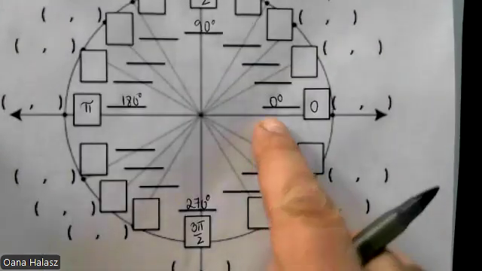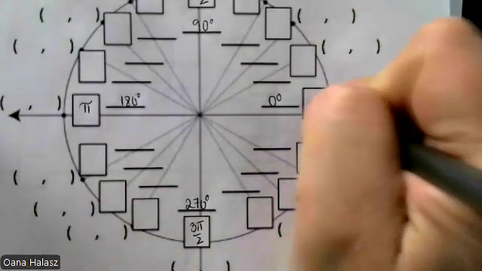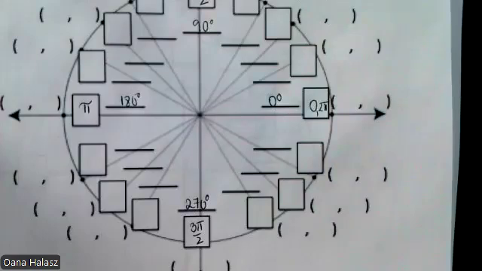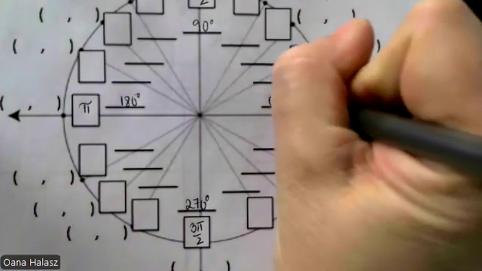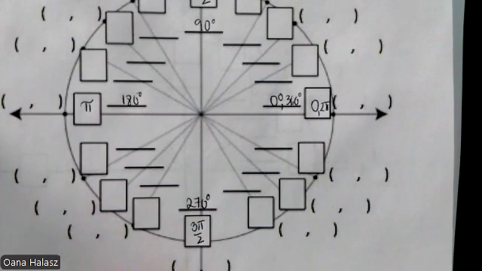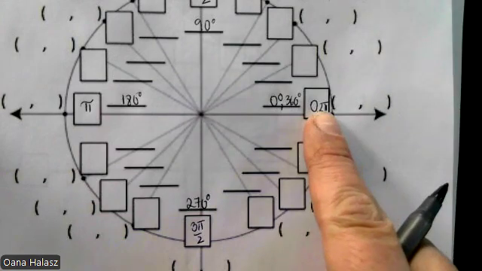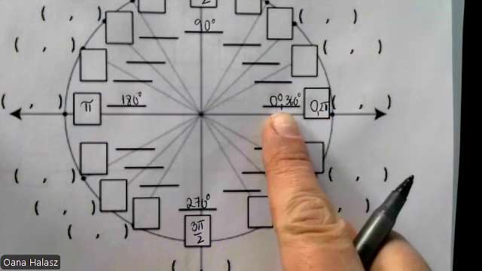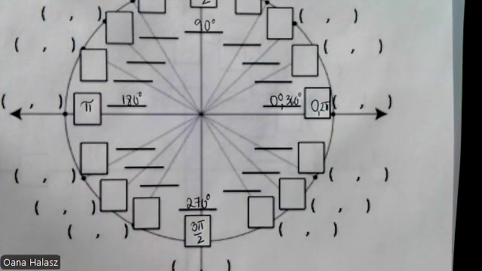Then the next one is 2 pi. This one is 2 pi rotation, 1 full rotation, or 360. And we can go and count those in as well. 1 full rotation is 2 pi, and 360 in degrees.